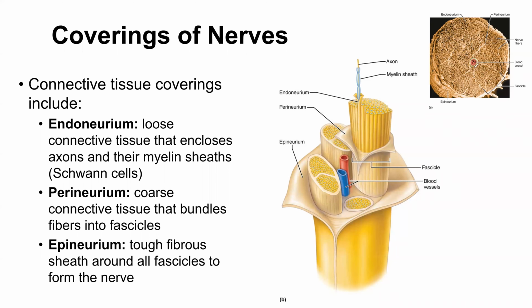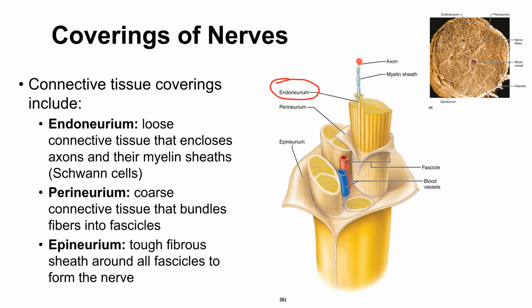The endoneurium is the loose connective tissue that is going to enclose individual axons and their myelin sheaths. Okay, so we can see then here the splitting of the endoneurium for one axon and its myelin sheath.